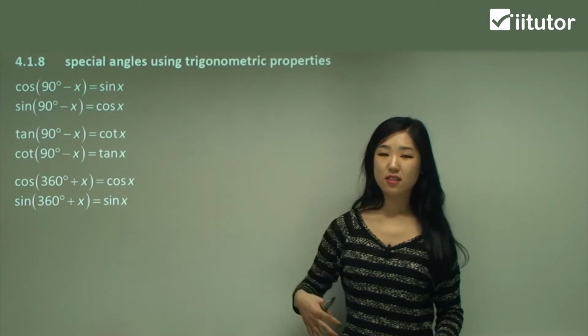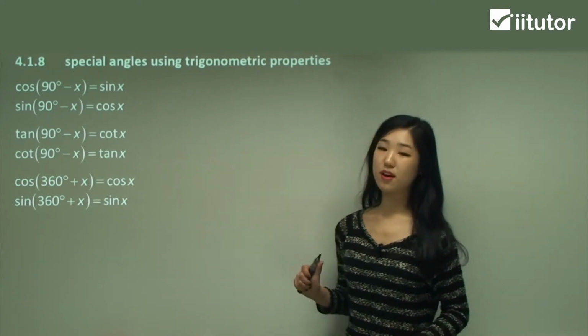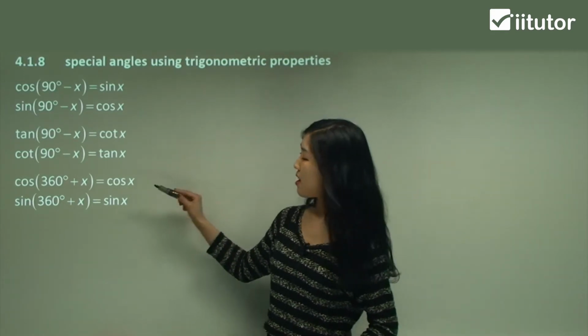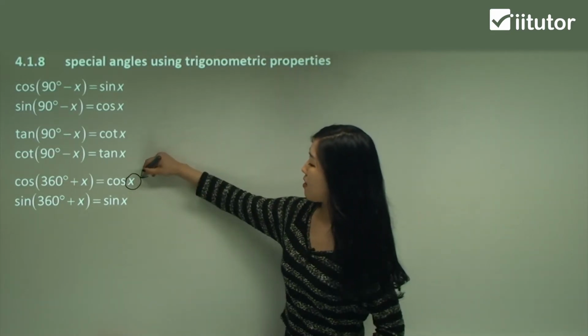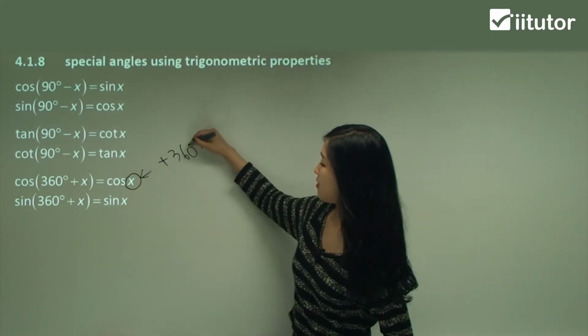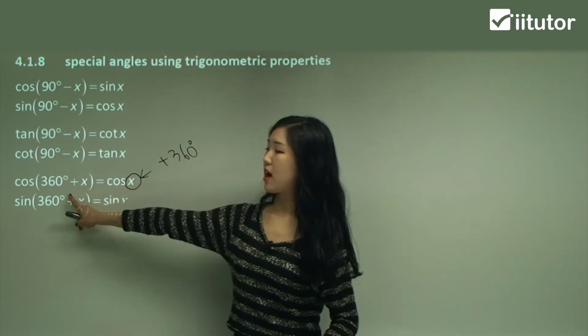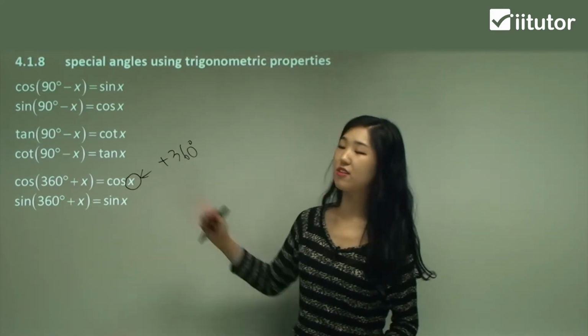This is basically saying the one whole period of cos and sine is 360 degrees. So cos x, if I add 360 degrees to the input x, which becomes cos 360 plus x, it's exactly the same as just cos x.